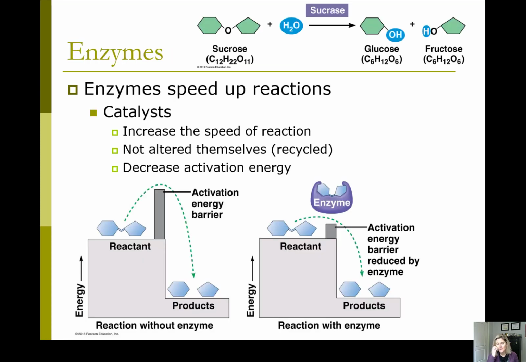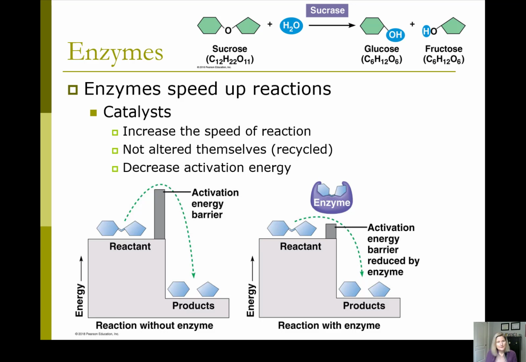All right, so we talked about how ATP can be coupled in reactions to allow them to take place. That's very important for our metabolic activity. But we also need to speed up these activities, and this is where enzymes come in.